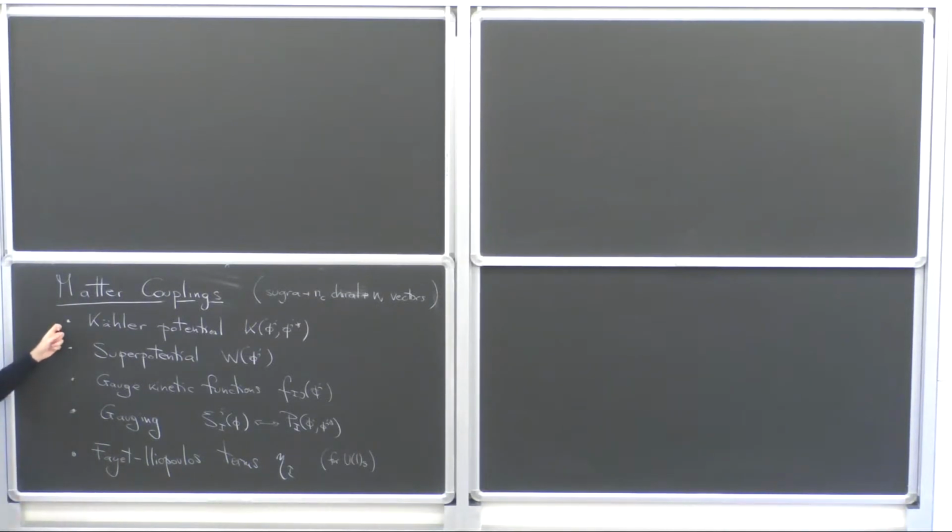Then you need a real function of the scalars in the chiral multiplet, which is the Kähler potential, and which gives the self-interactions of the chirals. You need a superpotential if you want to give a mass, for instance, to the fermions, and also to introduce a scalar potential. If you give up, as we will do, renormalizability, you can have non-minimal gauge kinetic functions, meaning you have non-minimal couplings between the vectors and the scalar fields in the chiral multiplets.